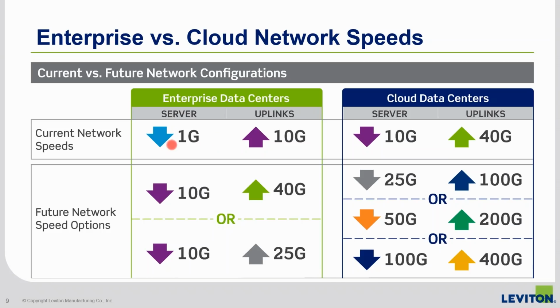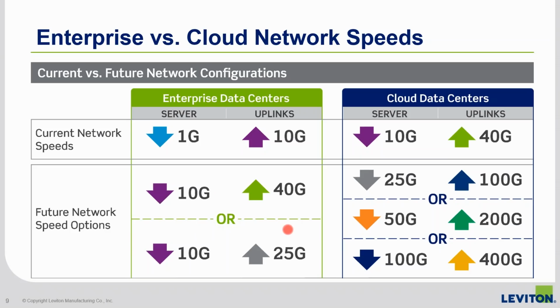For the enterprise side, most commonly it's 1 gig down to the server and 10 gig uplinks, and the options for them are going to 10 gig server lanes going down, and either 40 up or potentially 25 gig up.